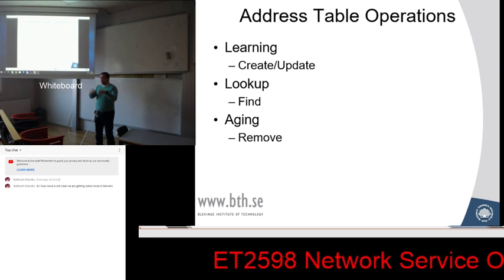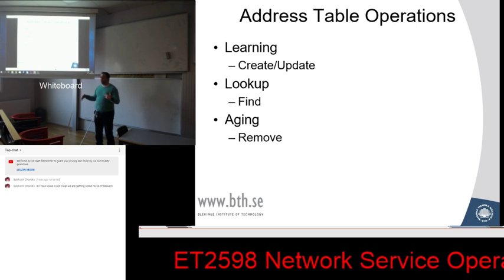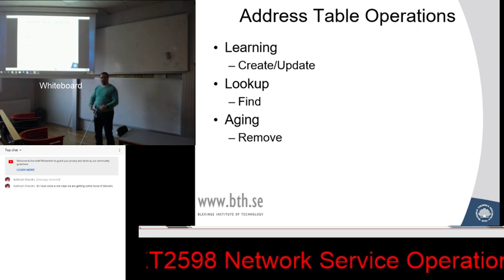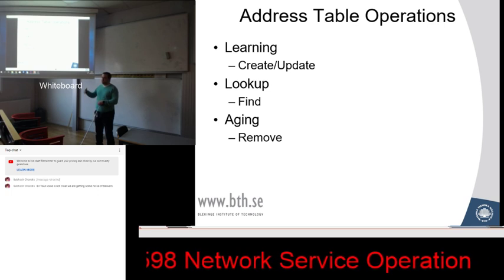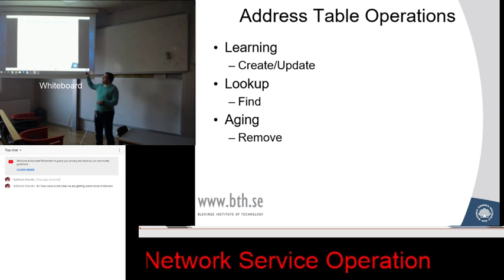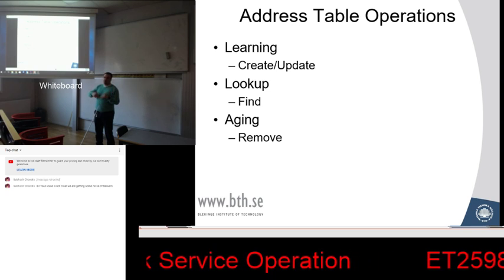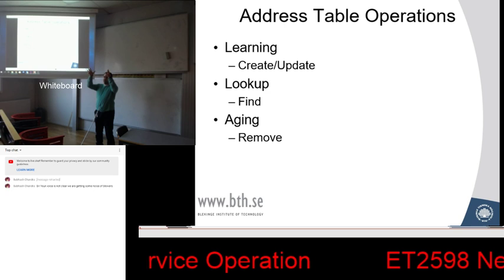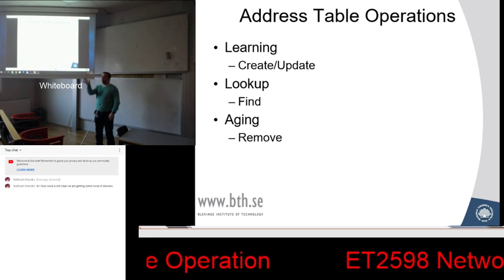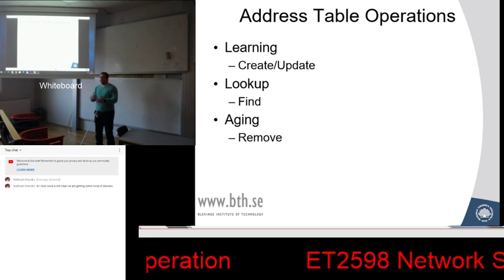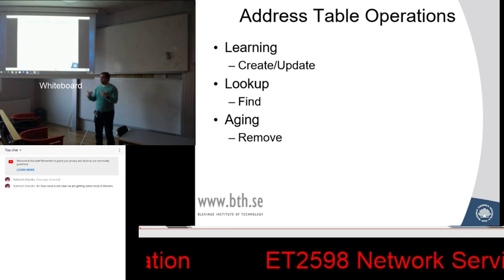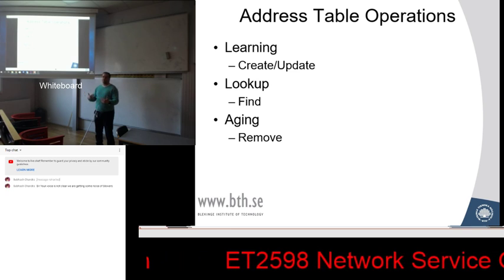In that case, if I'm in the lookup phase, I don't care about that. I just move on to the next one I care about. But at some point in time, I need to do housekeeping on my table. Basically, that means I go through the table and look for all the entries that are older than, I think it's 15 minutes or something like that.